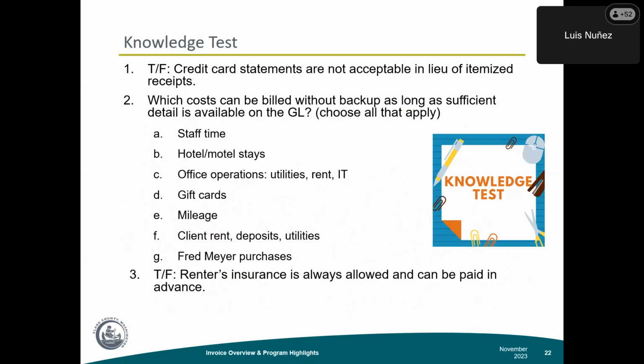Staff time, hotel and motel stays, office operations such as utilities, rent, and IT charges, gift cards, mileage, client rent, deposits and utilities, and Fred Meyer purchases. And the last question is true or false: renter's insurance is always allowed and can be paid in advance. A few seconds, and then we'll switch over to the slide with the answers.